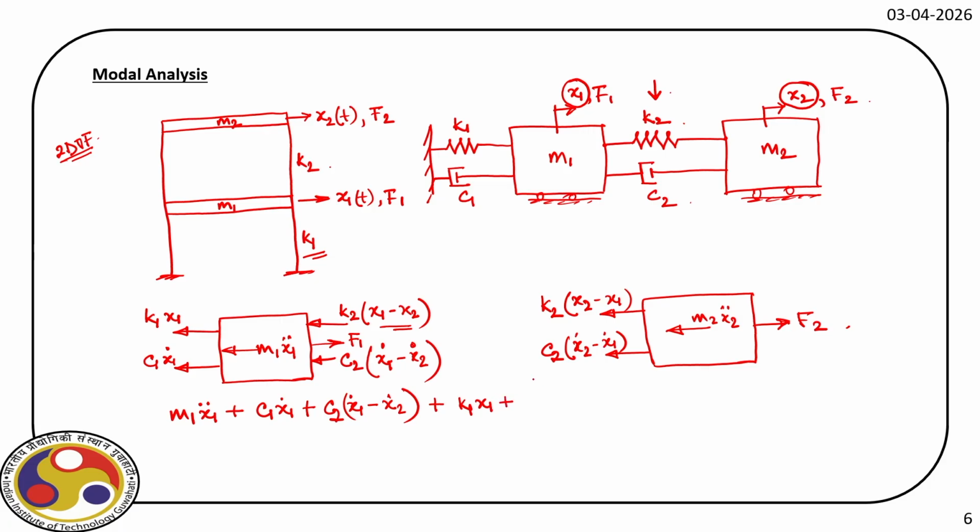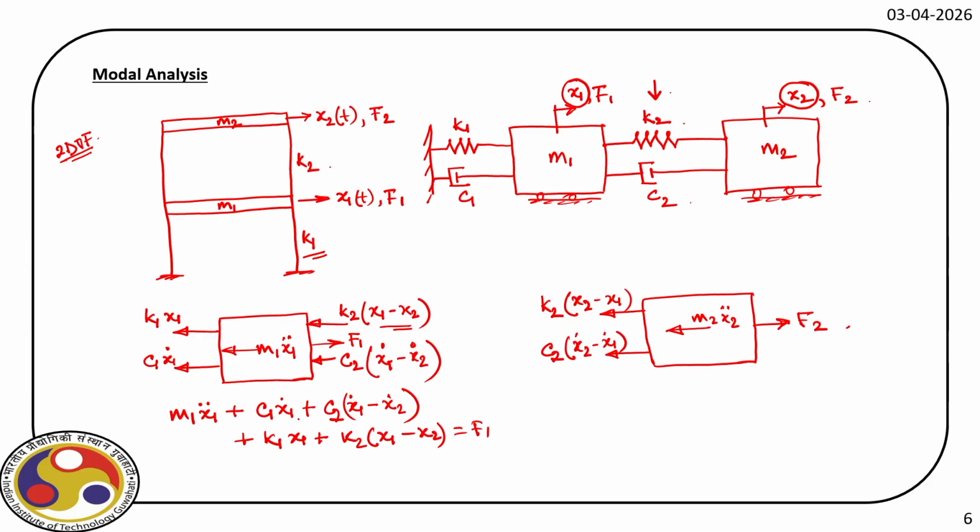Let me write here because we have to write for the second mass. So we have k1 x1 plus k2 (x1 minus x2) is equal to F1.